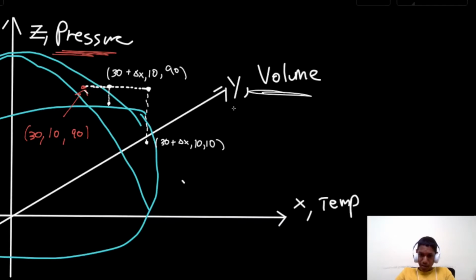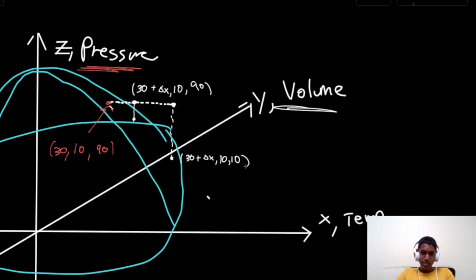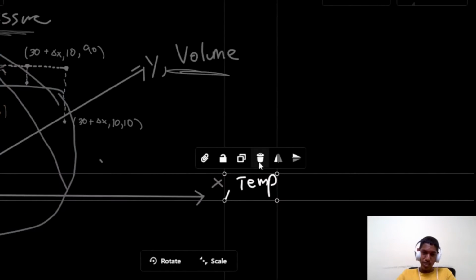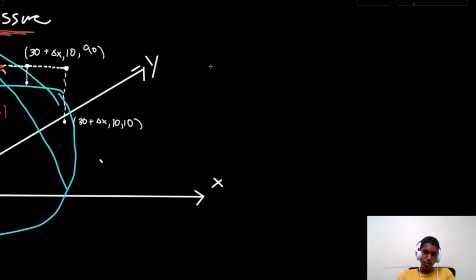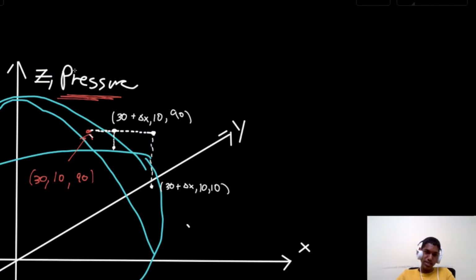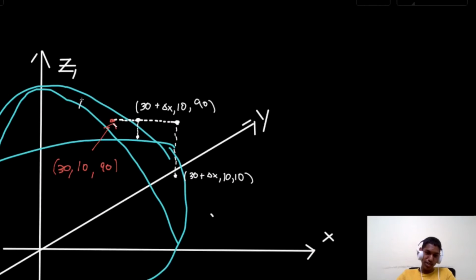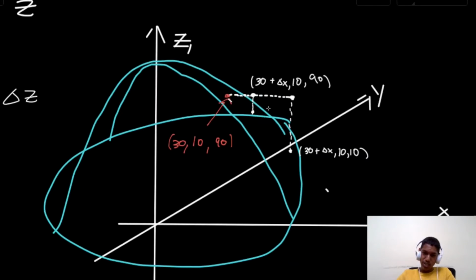Another way you might want to think about this, if this pressure volume thing is a little confusing, you could try X and Y just being spatial coordinates. So maybe this is X, Y, Z, to describe your position on a hill or something, right? So you're on this point of the hill. And so this partial derivative, now we're talking about how steep the hill is when you step in the X direction.